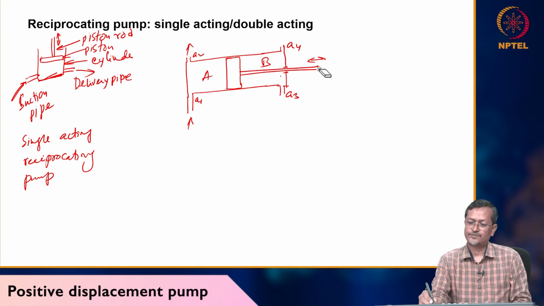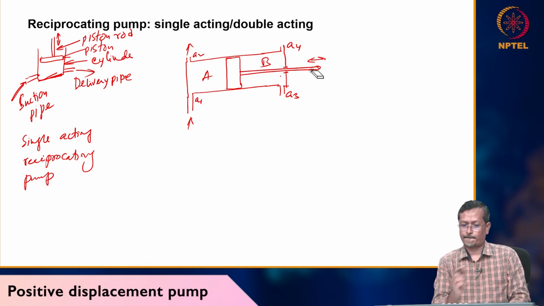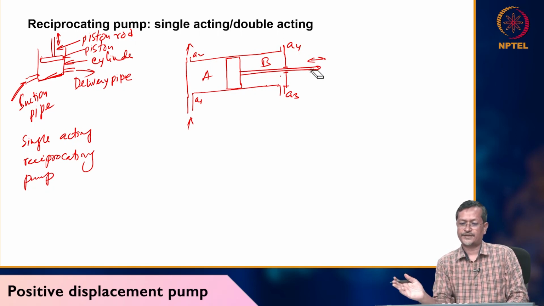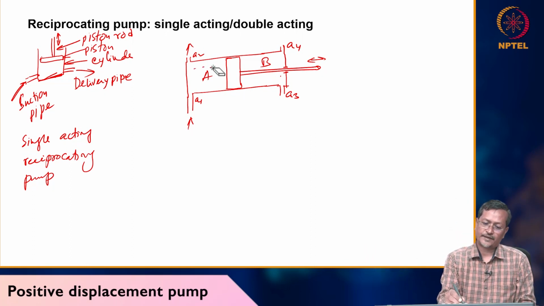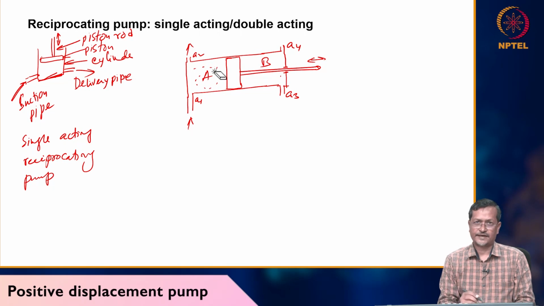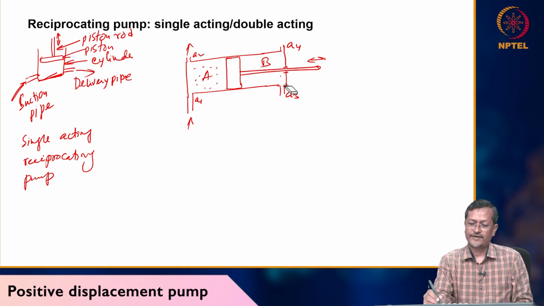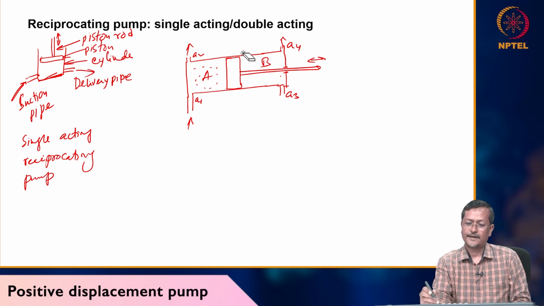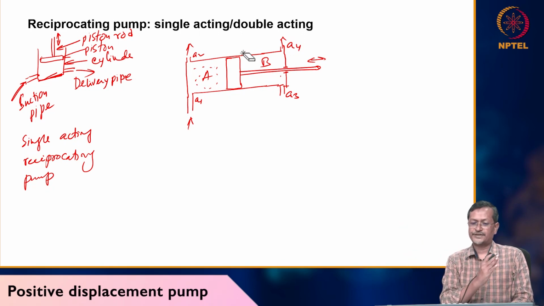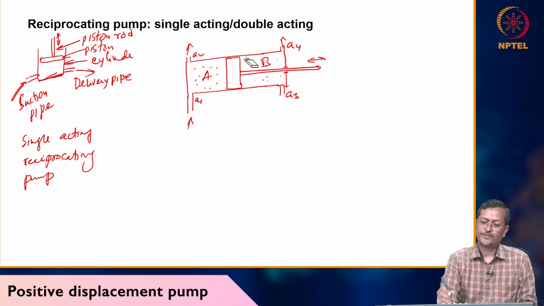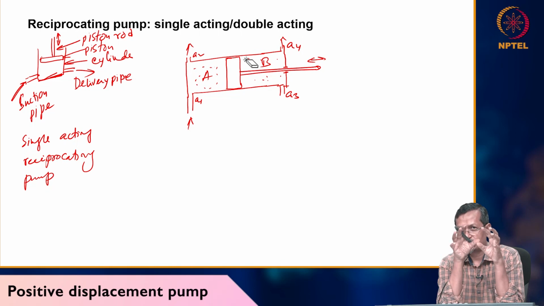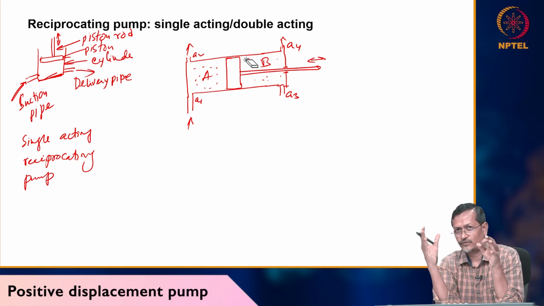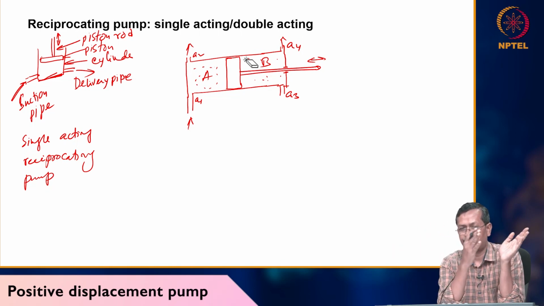When the piston is moving backward, say A1 to A3, right side is moving. So cavity A is getting filled, but cavity B will be delivering fluid. Again, when it is moving in the opposite direction, B will be sucking, A will be delivering. So continuously, one cylinder will be filled, another cylinder will be delivering fluid. So that is called double acting.